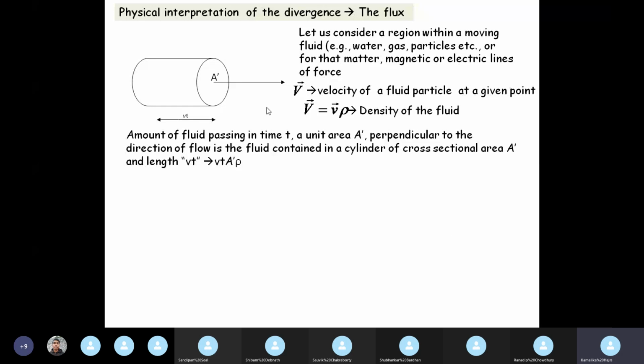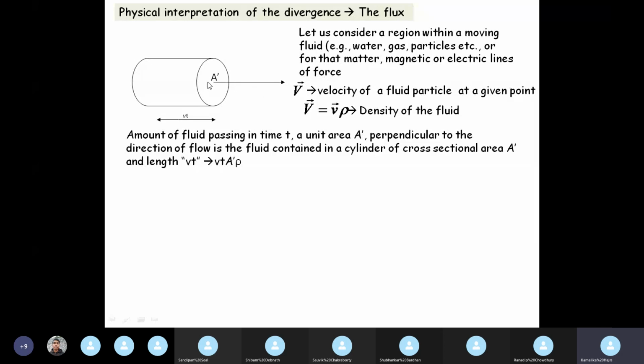We have considered a mass of fluids or particles moving in a certain direction, and within that we consider a cylinder like this, of cross-sectional area A prime, which is normal to the direction of flow.